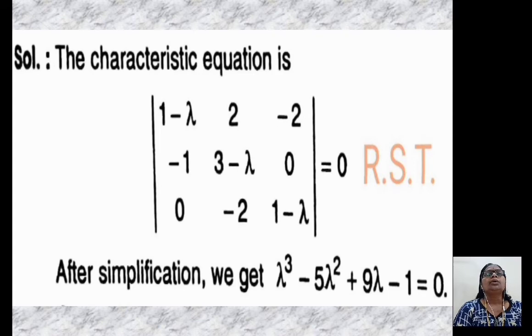Here we have to show that the given matrix A satisfies its characteristic equation. The characteristic equation of the given matrix A is determinant of A minus xI equal to 0, or determinant of A minus lambda I equal to 0. That means subtract only x or lambda from the given matrix and take the determinant.